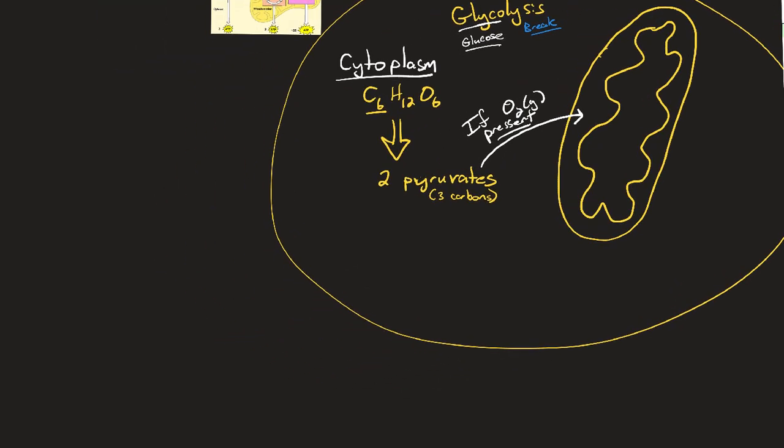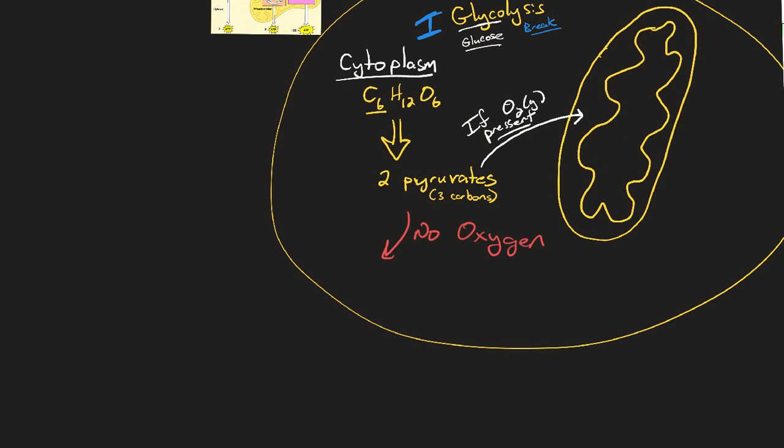If not, no oxygen, then what happens is it goes into a process called fermentation. Again, this out here is step 1, which is glycolysis. Glycolysis, breaking sugar up. That's going to happen.